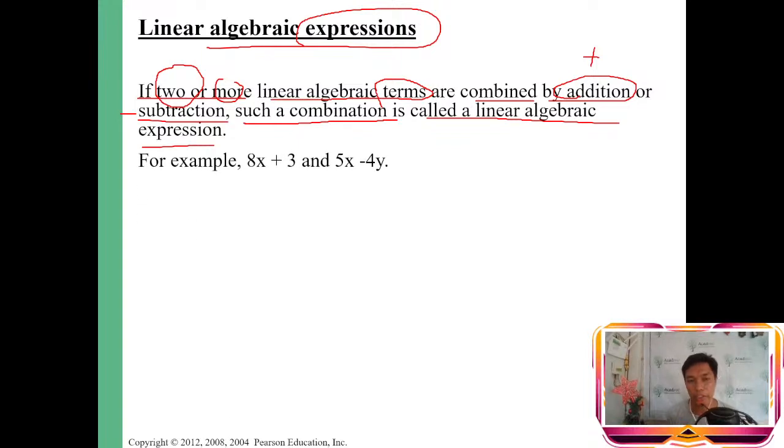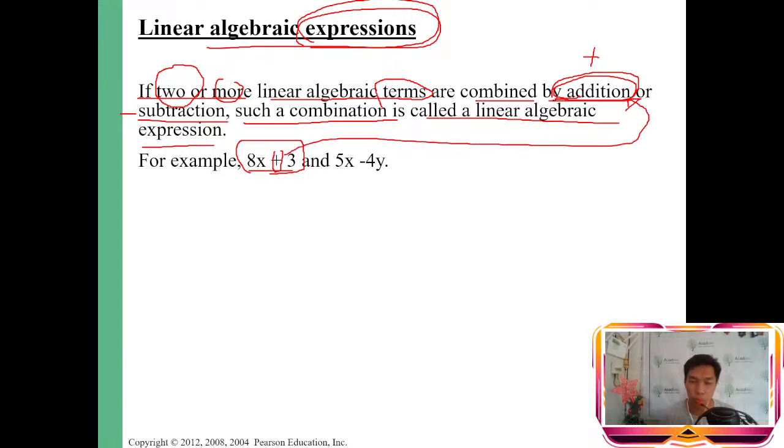Let's take an example here. Look at the example, it's very clear. 8x plus 3 is an algebraic expression because it is combined with addition. And 5x minus 4 is an expression because there is the minus.